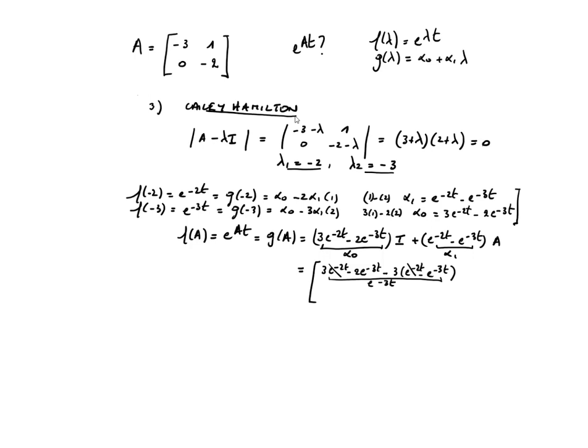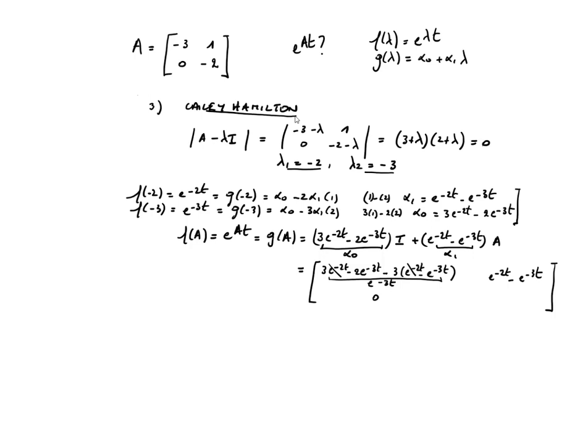Okay, so for this term over here we only have to take what is coming from here, and it's a 1 over there, so we have e to the minus 2t minus e to the minus 3t. Okay, so again for this one it will not contribute for this element, and here we have a 0, so we have indeed a 0 over here.